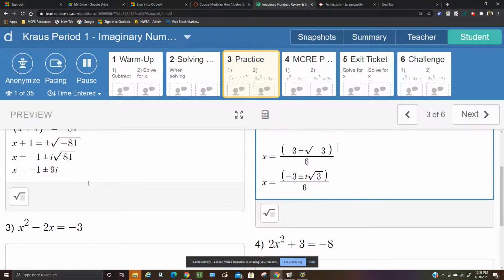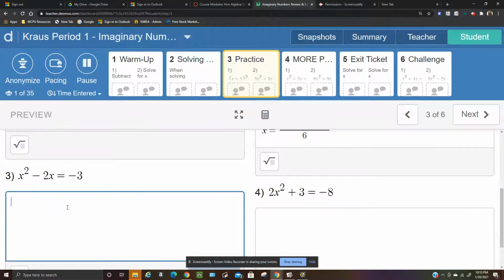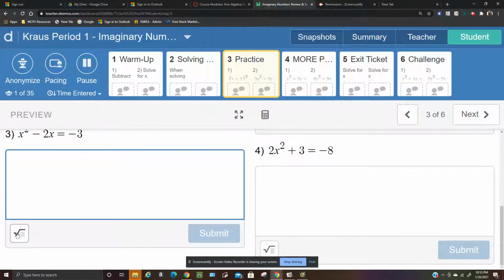This one here, I'm going to complete the square. So, negative 2 divided by 2 is negative 1. 1 squared is 1. So add 1 to both sides.